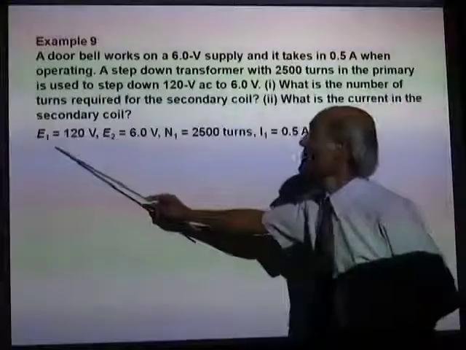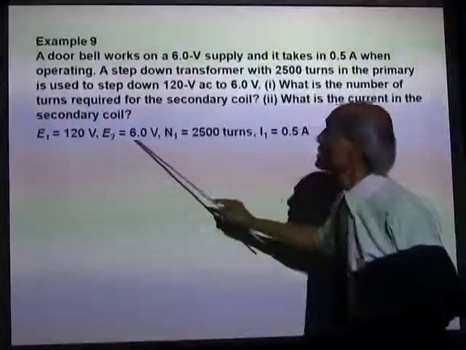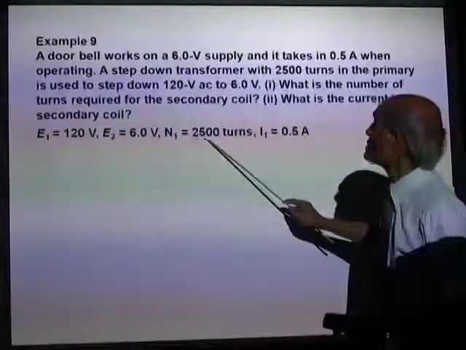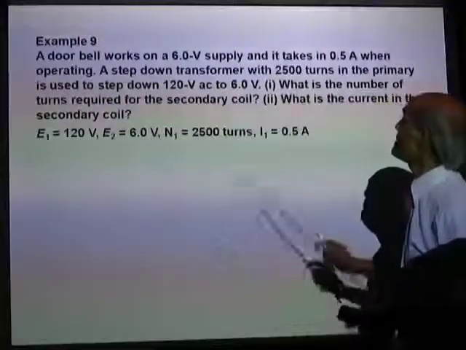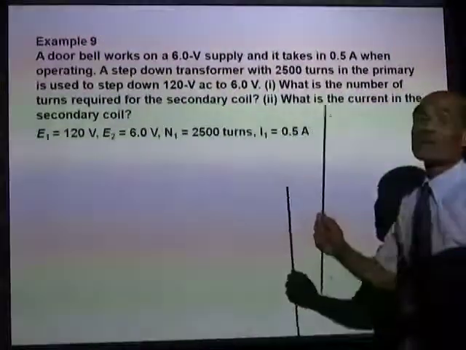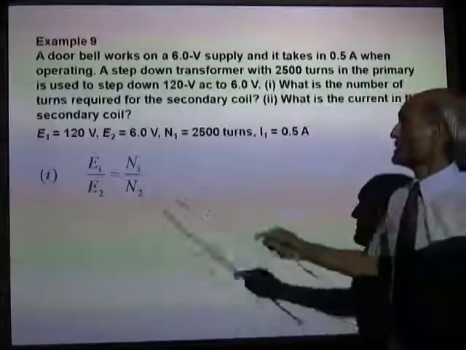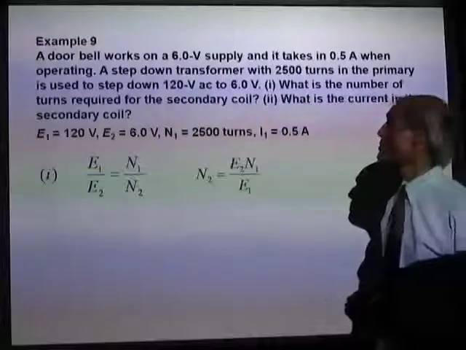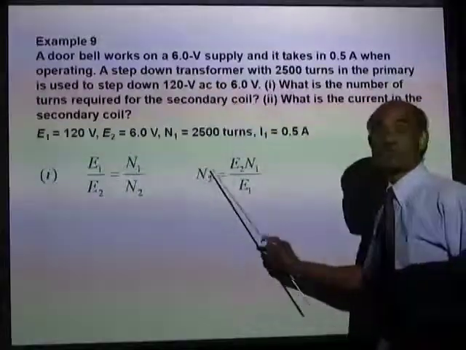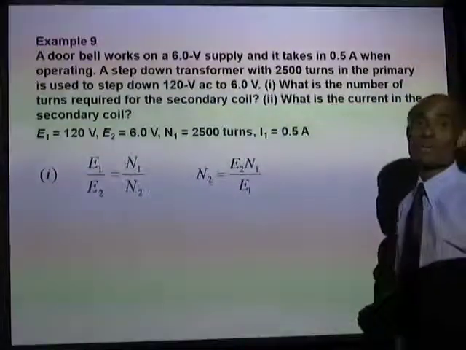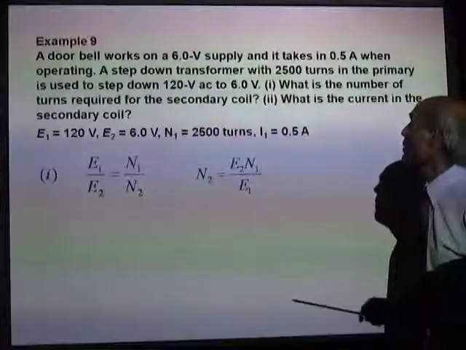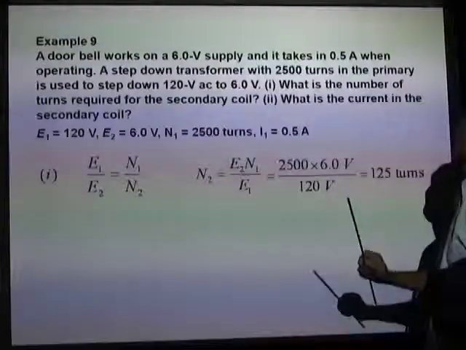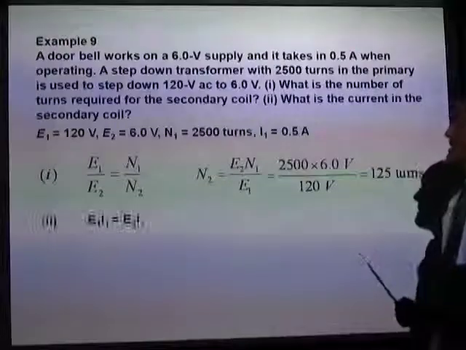Well, we have E1, the primary voltage, E2, the secondary voltage, N1, the primary windings, and I1, the primary current. We have E1 over E2 equal to N1 over N2, and that gives you N2 equal to E2 N1 over E1, and that will be 125 turns.